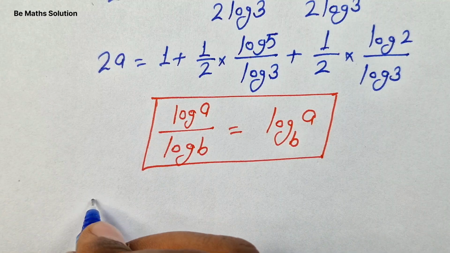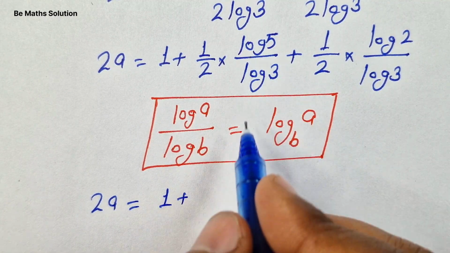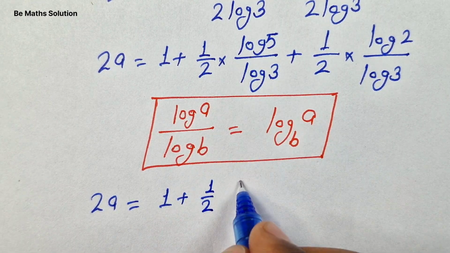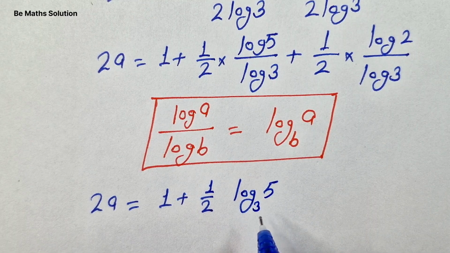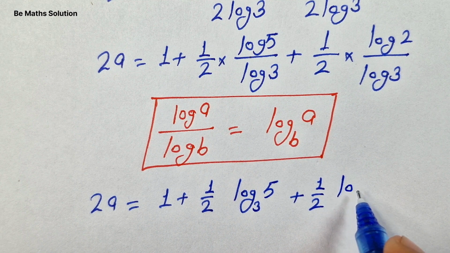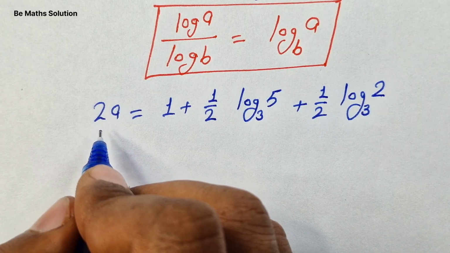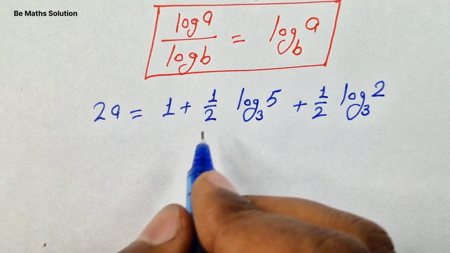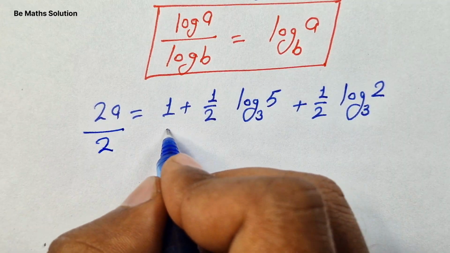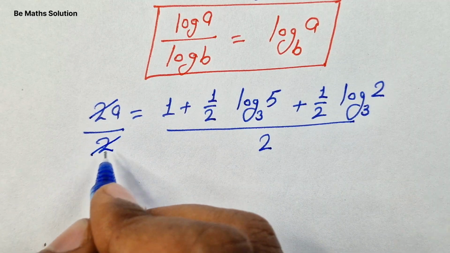Then 2a is equal to 1 plus 1 over 2 log of 5 base 3 plus 1 by 2 times log of 2 base 3. Then we divide both sides by 2, so 2 over 2, this 2 and this 2 cancel.